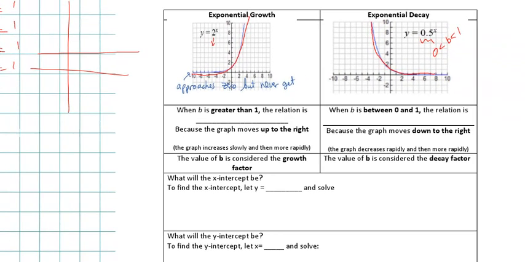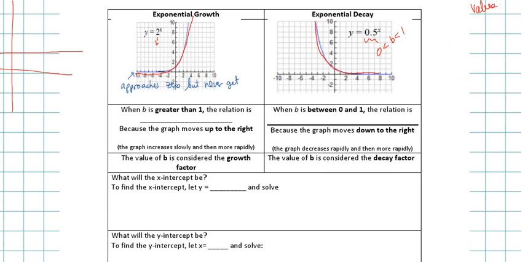So when b is greater than 1, then the relation is growing. It's a growth, right? Because as you see, the graph moves up to the right. As x is increasing, y is increasing.